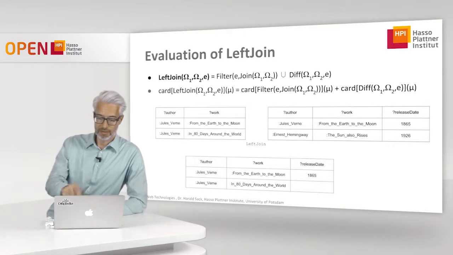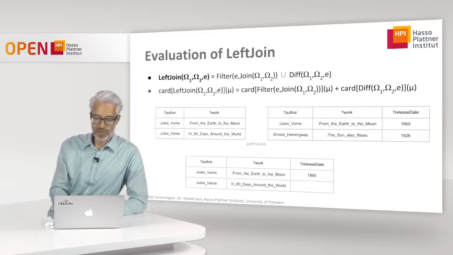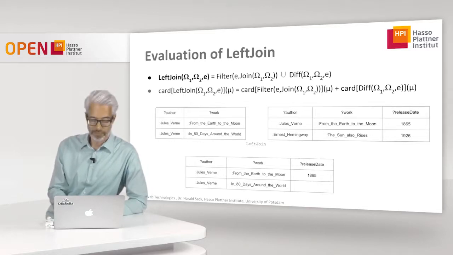So we will see this in detail, that this really works. And then, of course, the cardinality of the left join in the end is the cardinality of the expression u here, which comes from the first of the join, plus the cardinality of which is in the difference.